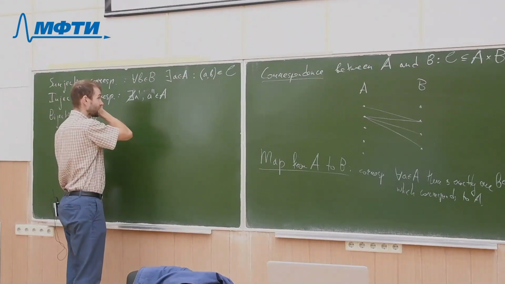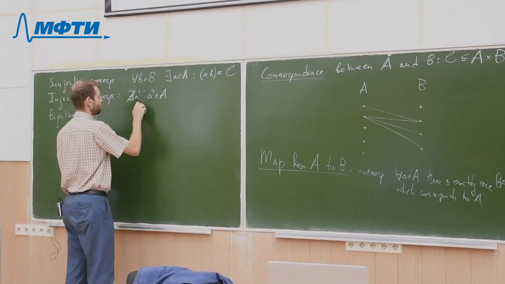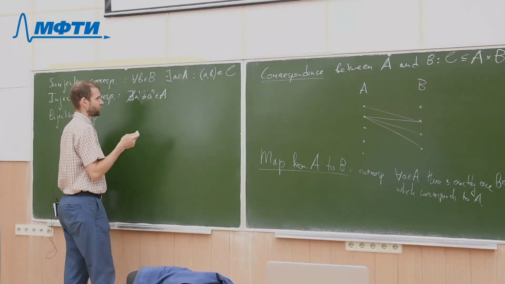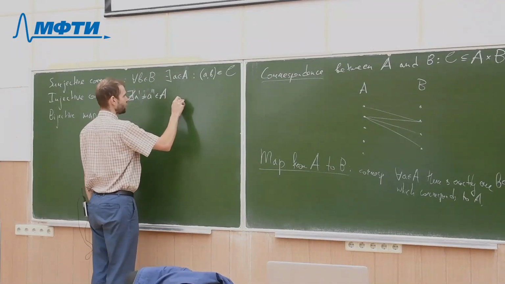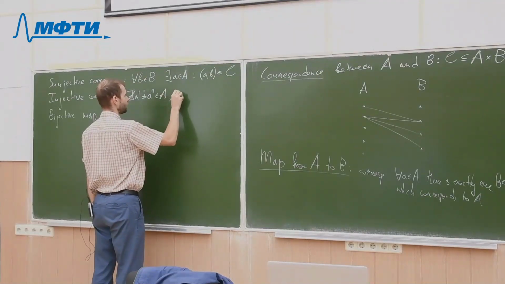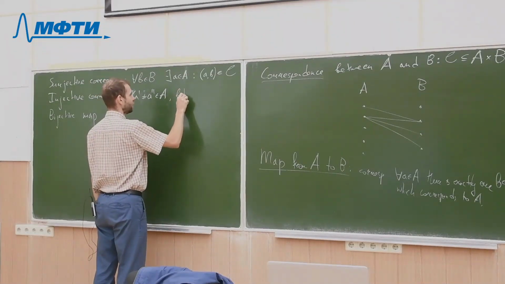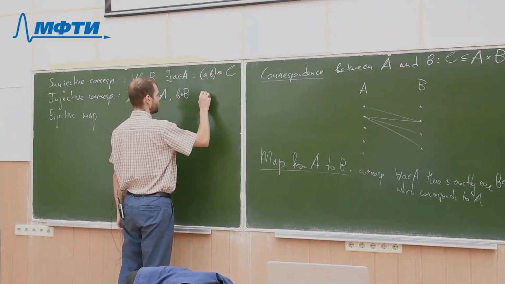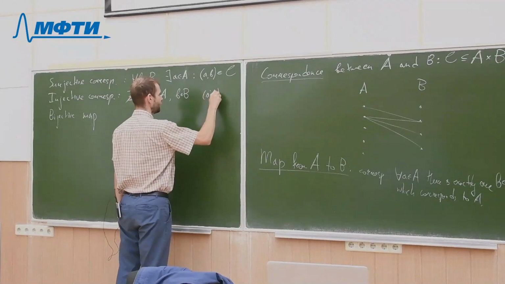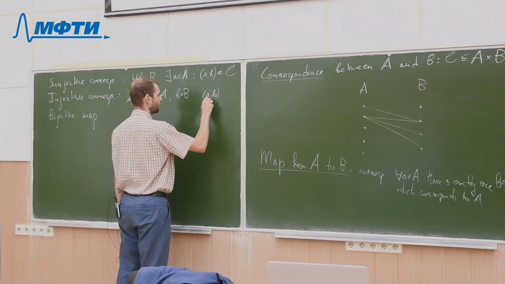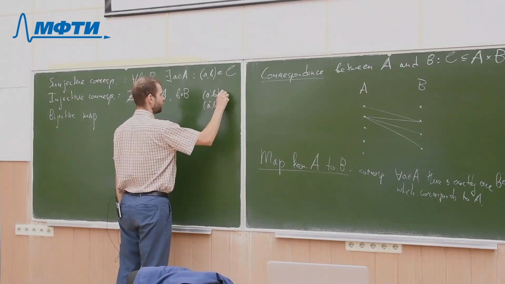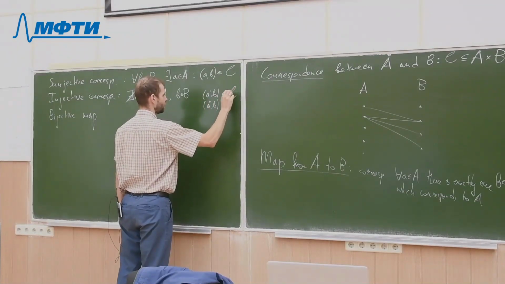So there doesn't exist A prime and A2 prime in A that are not equal, and so that there exists some B in B so that both A prime, B and A2 prime, B fall within our correspondence.